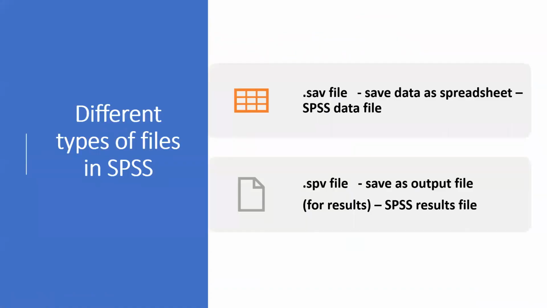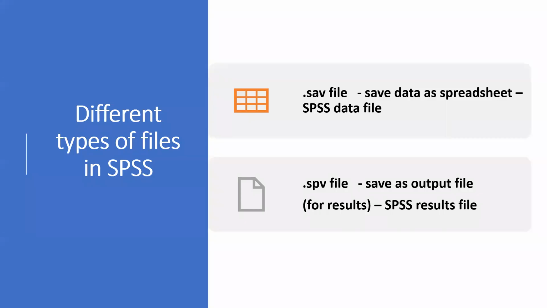Now there are different types of files in SPSS. One is the SAV file. It can save data as a spreadsheet, and whatever I have shared with you for a data set is in the SAV file. So it is like a spreadsheet.